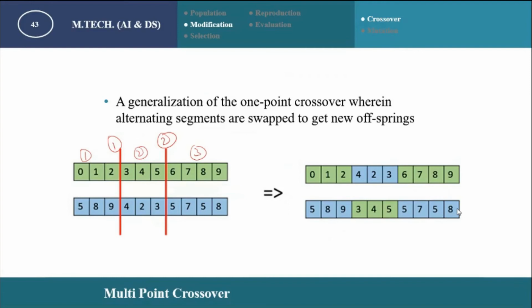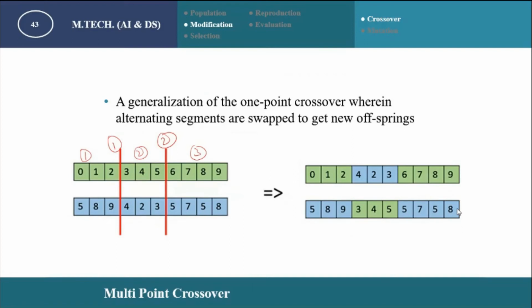In the case of multi-point crossover, it is not limited to only 2 crossover points. You can use more than 2 crossover points also. 3 or 4 crossover points can also be used if your chromosomes are long enough. In the example displayed here, if we use 3 crossover points, then each segment will be very short, so that is not represented here.